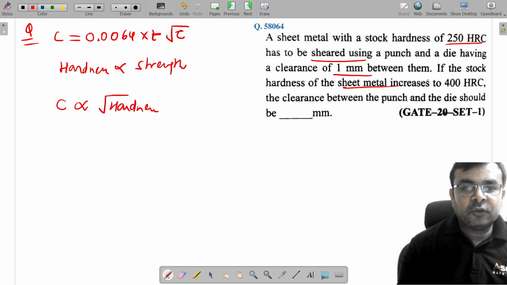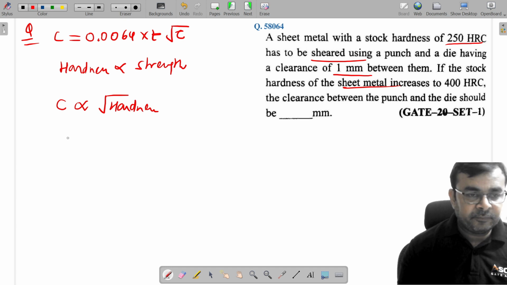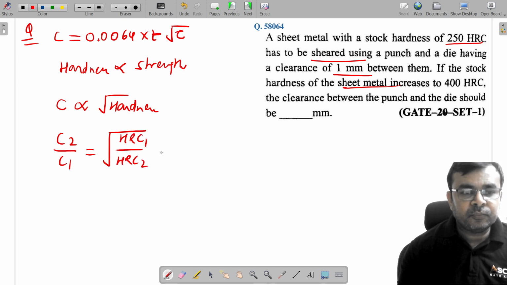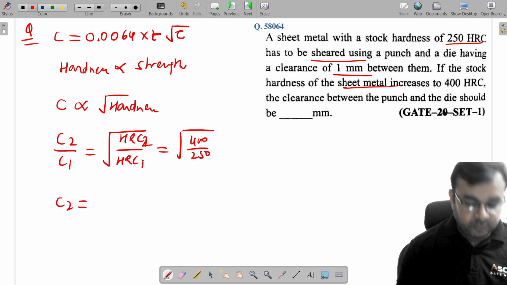Correct? So if at 250 HRC we have a clearance of 1 mm, then C2 by C1 is equal to square root of HRC1 by HRC2. Sorry, HRC2 by HRC1. Is it right? So simply you see this is 400 by 250, and C1 is already 1 millimeter.